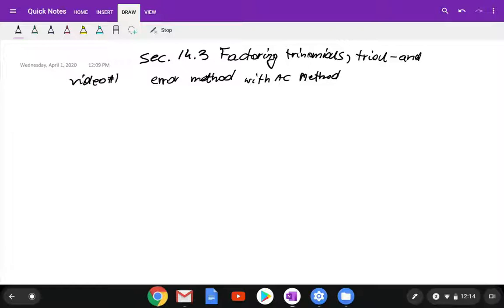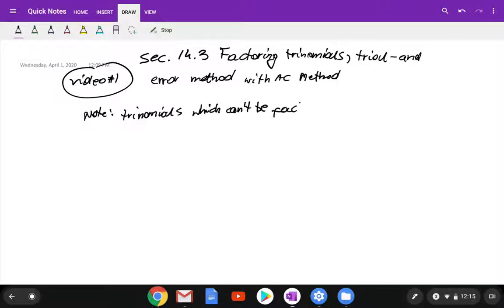Number 1. Okay, so let's write a note. We already talked about that, but trinomials which can't be factored, we call prime.